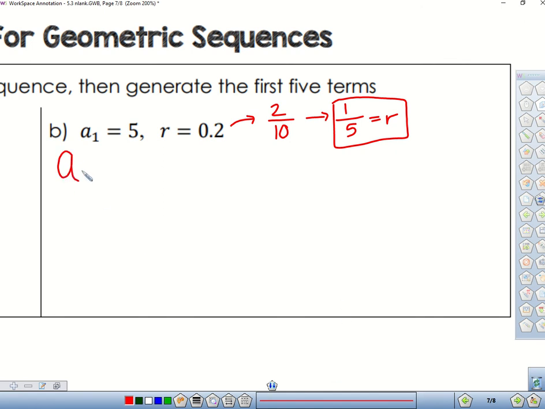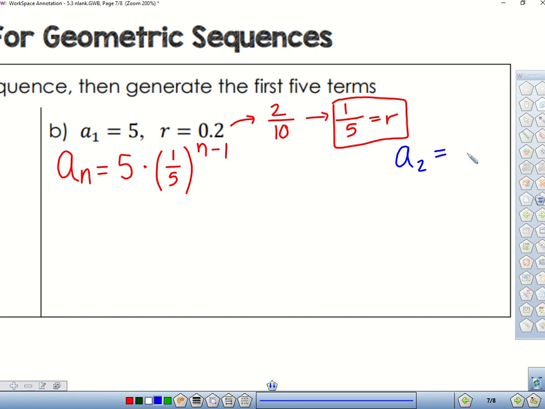So that's what I'm going to be using to write my formula. My formula is A sub n is equal to my first term times my common ratio to the n minus 1 power. Now once again, you're welcome to use that formula to calculate the next term by plugging in for n, but I think it's easier to just use the common ratio. If you're multiplying something by 1/5, it's the same thing as dividing it by 5.